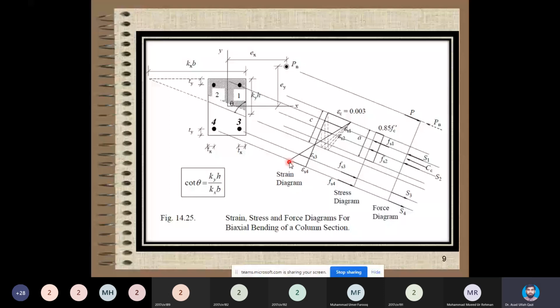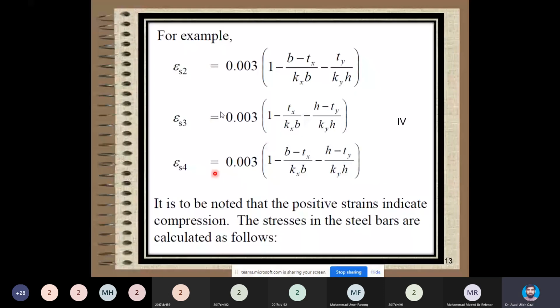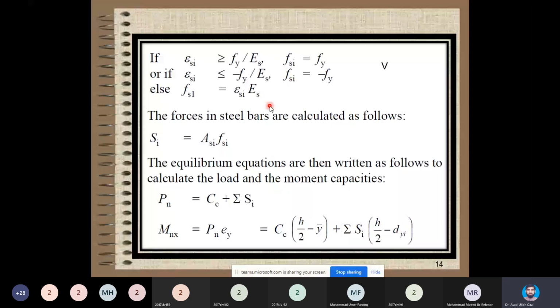Strain in the first layer, then strain in the second layer, third layer, fourth layer, and the geometry of the picture will be used to calculate the corresponding strain ordinates. A lot of numerical effort is actually required, so a brief procedure is given underneath.